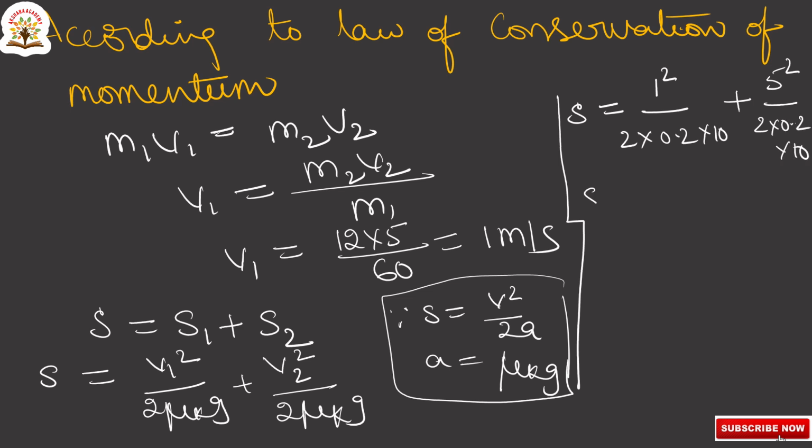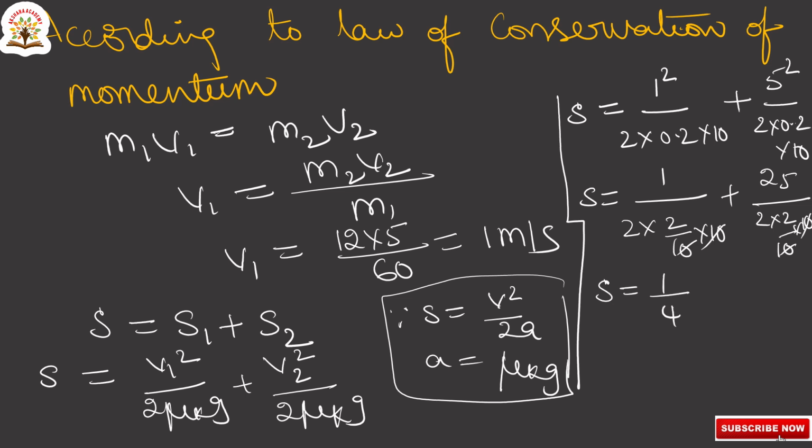So S is equal to 1 square, nothing but 1, by 2 into 0.2 into 10. 0.2 can be written as 2 by 10, 10 and 10 get cancelled, 2 into 2 is 4, plus 5 square, nothing but 25 by 2 into 0.2, nothing but 2 by 10, 10 and 10 get cancelled, so S is equal to 1 by 4 plus 25 by 4.